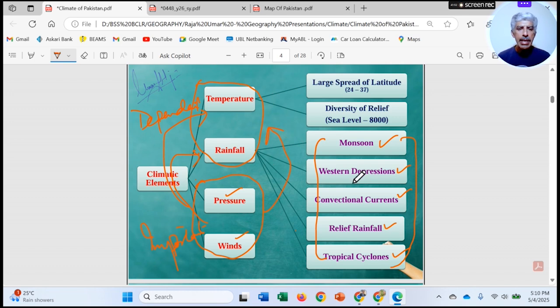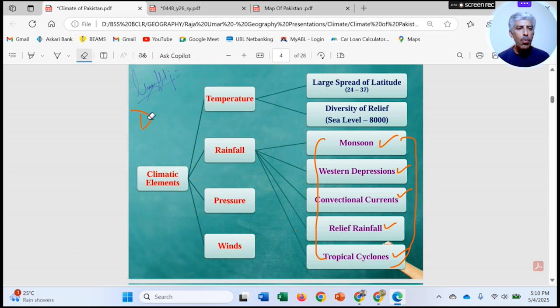When we discuss the monsoon rainfall, western depressions, convectional currents and all this, we will discuss these very important factors, the pressures and winds: what low pressure is and why low pressures are created, and because of those low pressures, in what direction the winds blow and what sort of climatic changes are brought in the region where these winds blow.